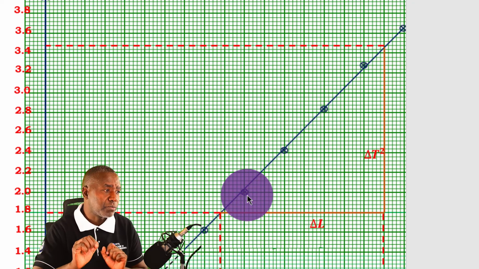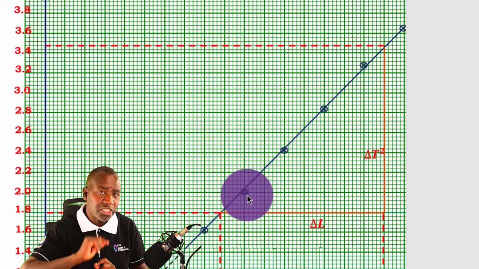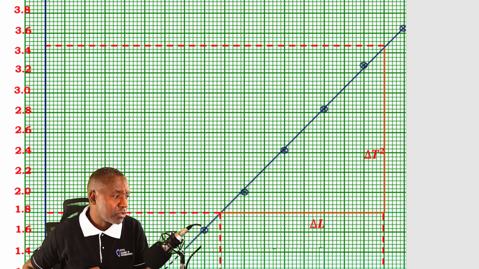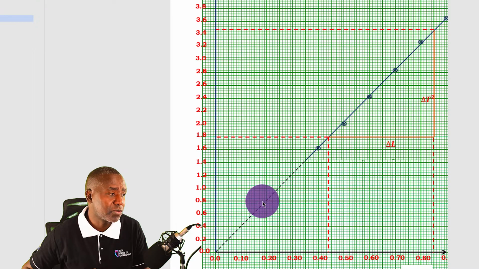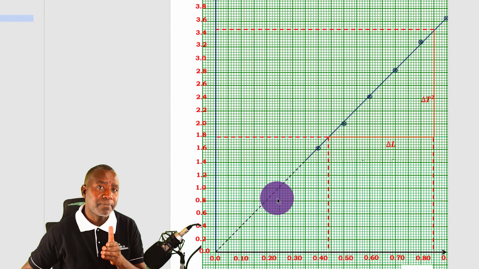Okay, so after that, you draw one continuous line. Because my data was starting from 0.4 all the way to 0.9, I can't continue with a solid line here, because continuing with a solid line here means that these points which are not there were actually obtained in the table.